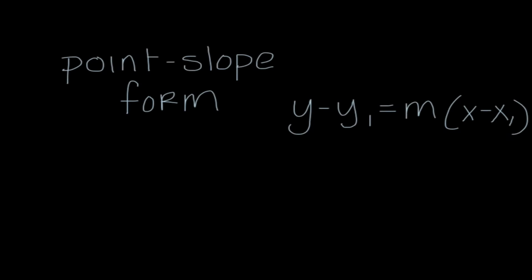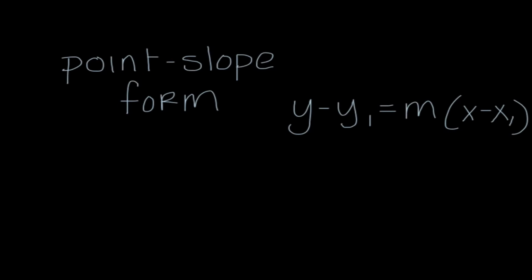And lastly, what I personally think is the easiest way most of the time, point-slope form, and my guess is this is the way that you guys probably are the least familiar with. Just depends on what your Algebra 1 curriculum was like. But in point-slope form, it is very helpful to use when we have a point.